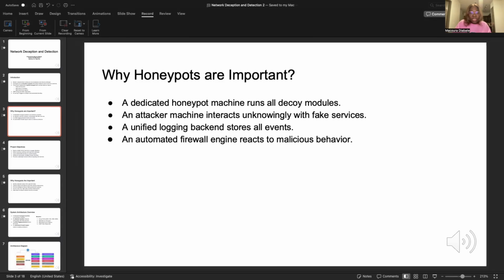not the theoretical ones. Point three, a unified logging backend stores all events. So every event gets recorded in one central place. Complete audit trail for investigation, easy to find and analyze what happened. Point four, an automated firewall engine reacts to malicious behavior.